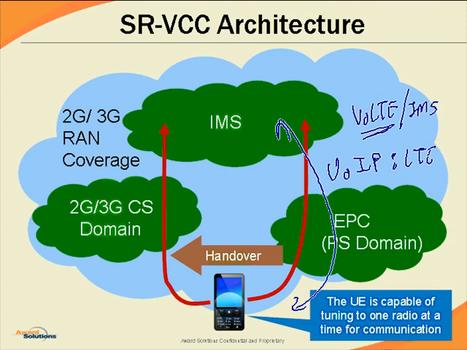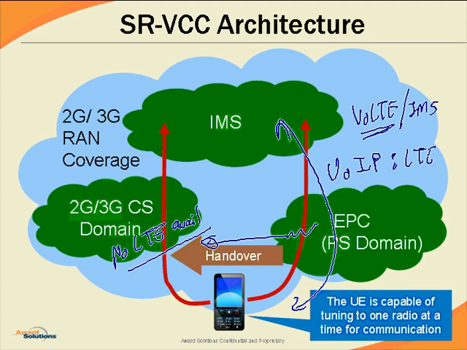However, when we go outside the LTE coverage area, there is no LTE available in that specific geographic area. So we have to do handover. This is a single radio device, single radio. So at any given instant, it is either on LTE or some non-LTE system. It cannot be on both systems exactly at the same time. So we have to do handover because there is no LTE available.